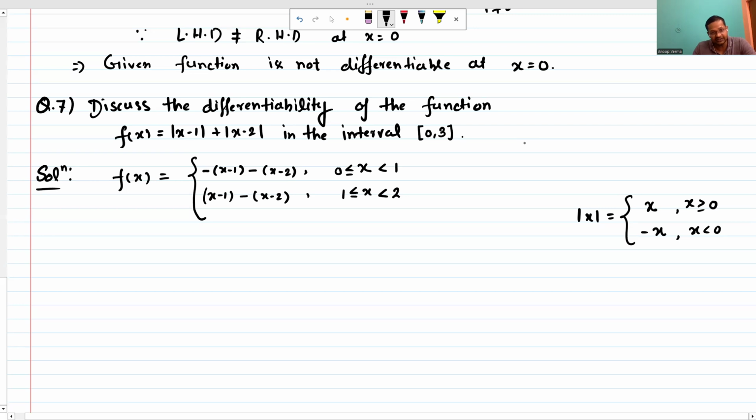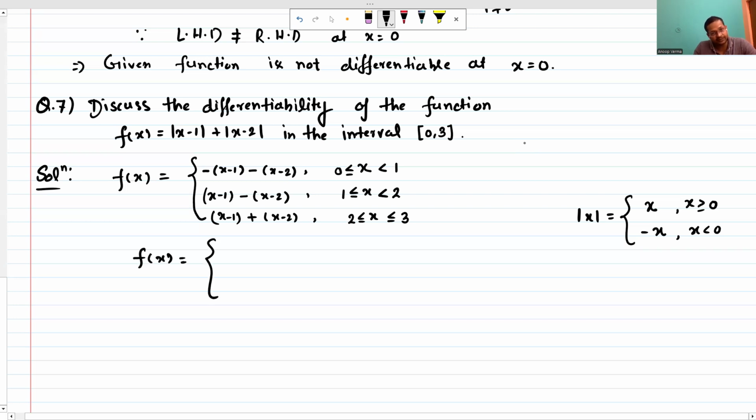When you take x greater or equal to 2 and less or equal to 3, x minus 1 will be positive, and x minus 2 will also be positive. Okay, so clearly we can write this function f(x) like this.